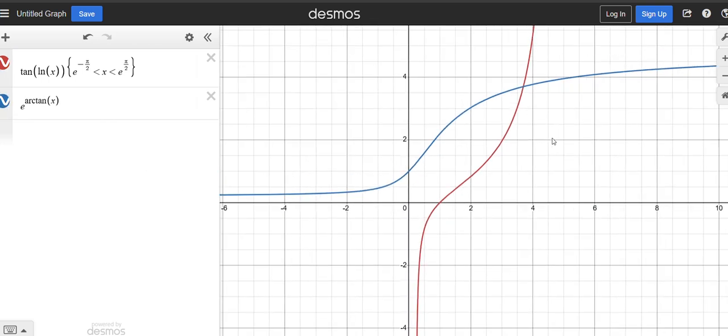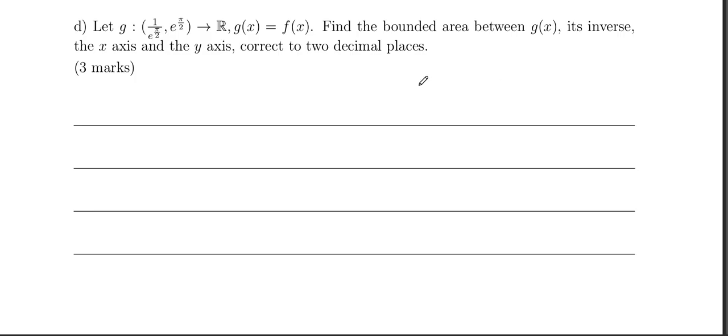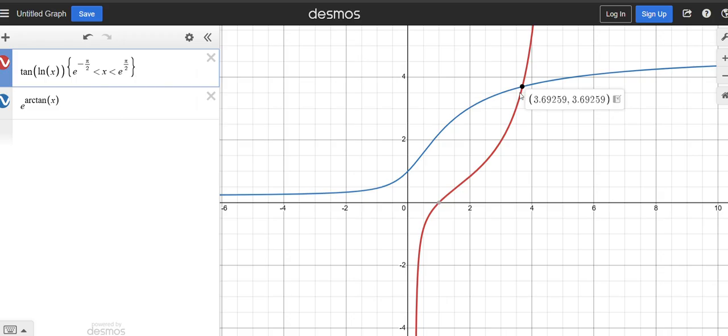So we're going to find essentially this area in between them. And in order to do that, we need to find this intersection point. But since it's just giving us 2 decimal places, we can just use an approximate value, which is 3.65259.